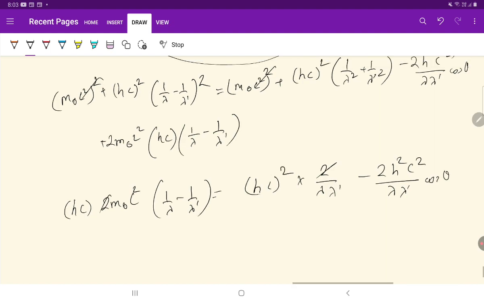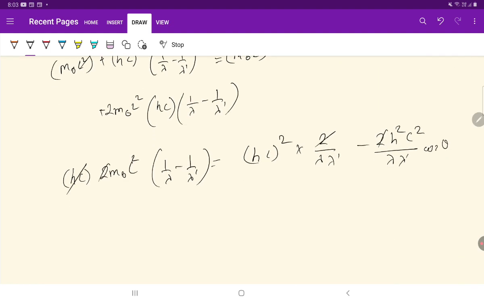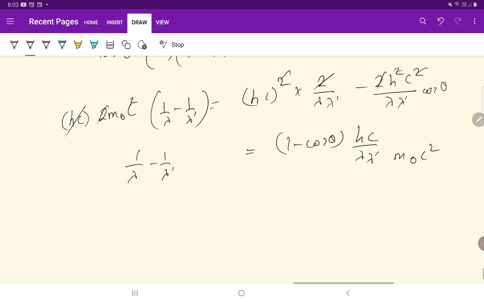Cancelling the 2's, then another hc factor also, you will get (1 minus cos theta) into hc by lambda lambda dash is equal to m naught c square (1 by lambda minus 1 by lambda dash). Now cross multiplying lambda lambda dash on both sides, you'll get lambda dash minus lambda is equal to hc by m naught c square, or h by m naught c into (1 minus cos theta).